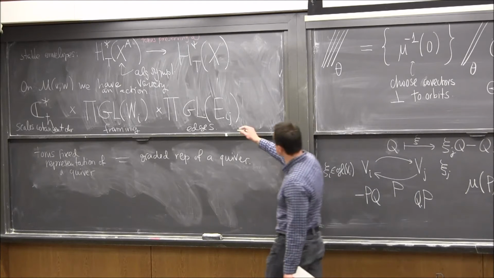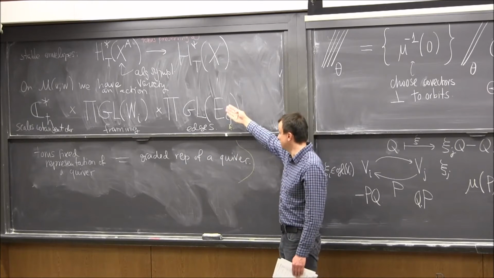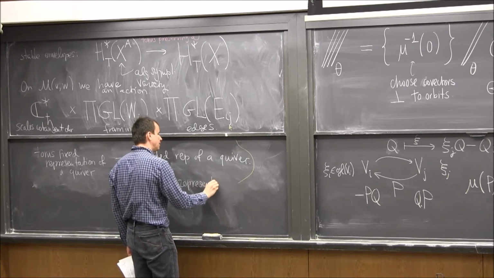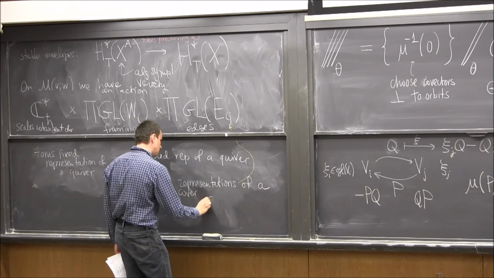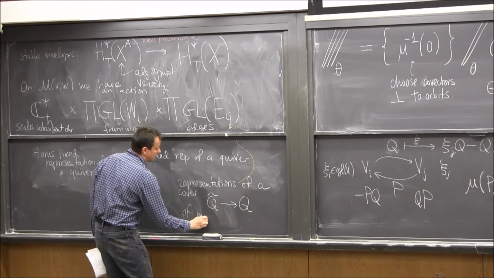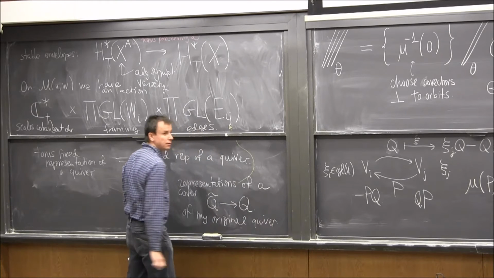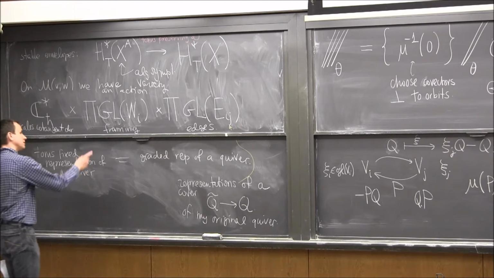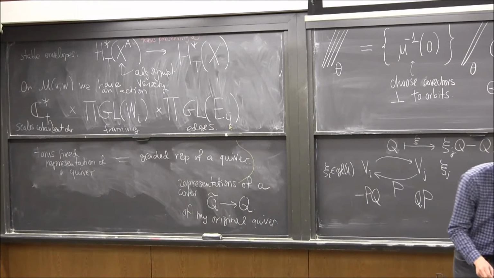So if I take a torus here and look at its fixed points, then this would correspond to representations of a cover, really a cover in the sense of topological spaces, of my original group. Today we won't focus on this one.